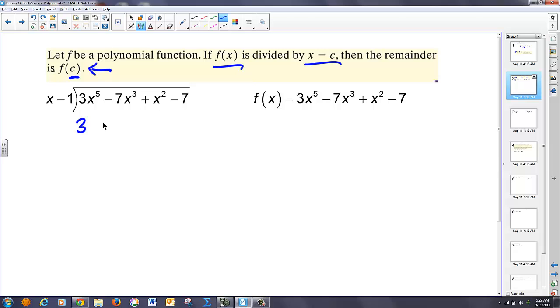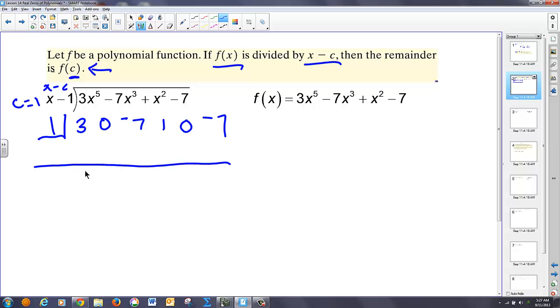There is no x to the 4th term, so I put a placeholder 0. -7 for the x cubed term, 1 for the x squared term, 0 for the x term, and -7 for the constant. And I'm going to divide by c. Now if this is in x minus c form, then c in this case will just equal 1. So I'm going to put a 1 right here.